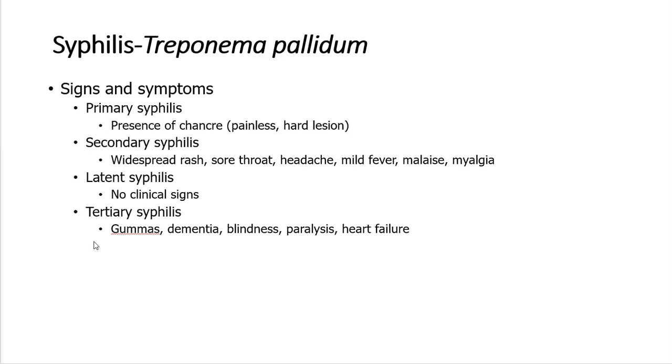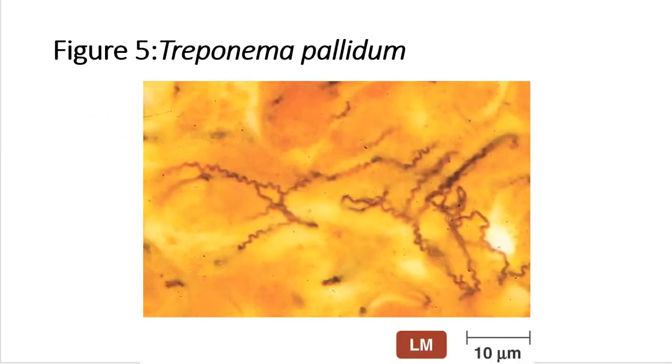I mean, there's been a history, before we were able to treat syphilis, of plenty of famous people dying from syphilis, going mad from syphilis. This is what it looks like, spirochete, and we can diagnose it either by looking for the spirochetes, or there are just regular tests for it.